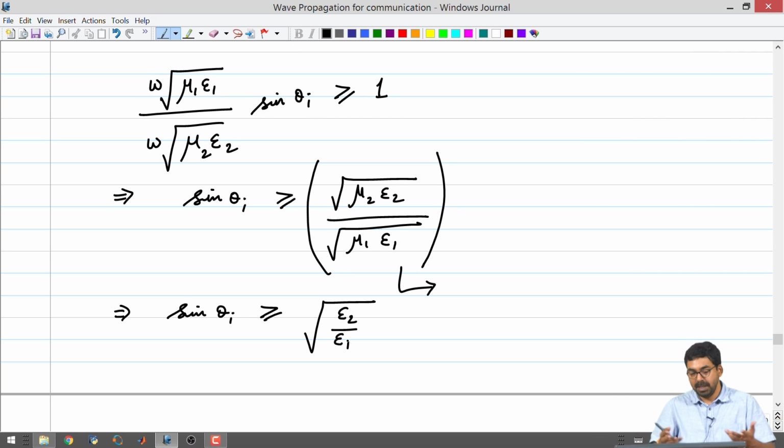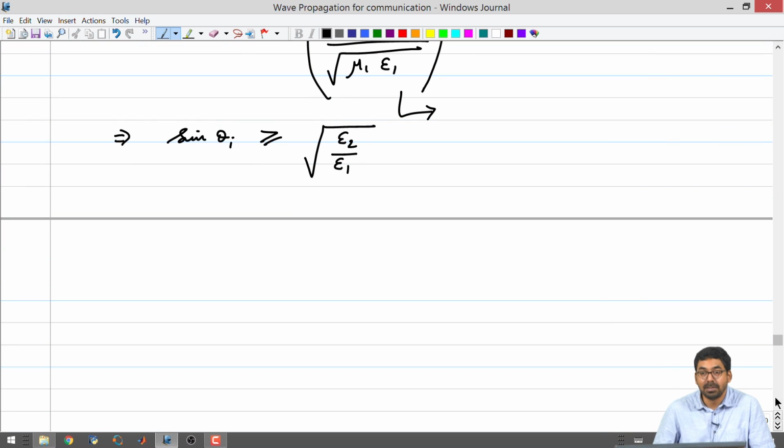So, this means that the left hand side of this inequality does have a limit, it has to be less than 1. If the left hand side has to be less than 1, then we have some conditions coming on the right hand side. This means that your right hand side also has to be less than 1.